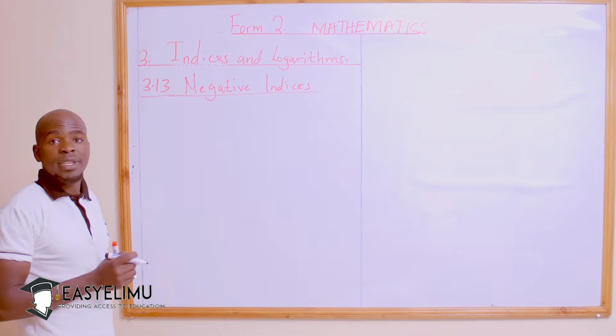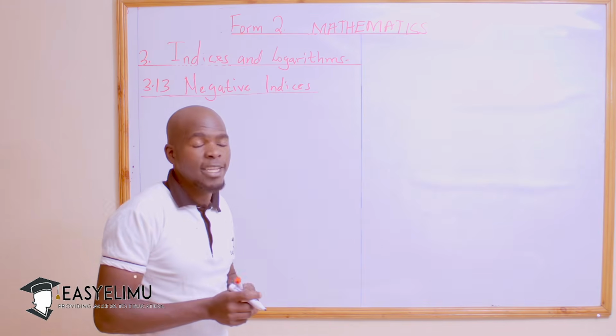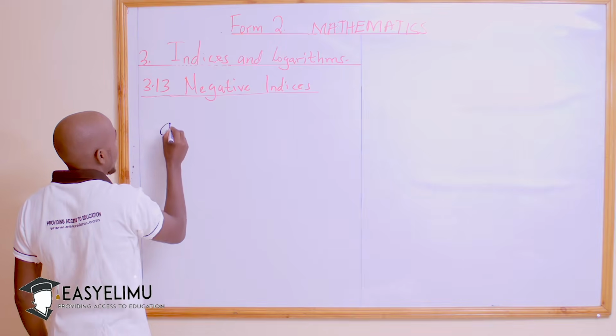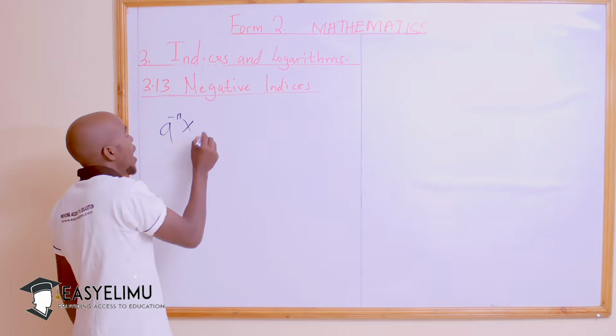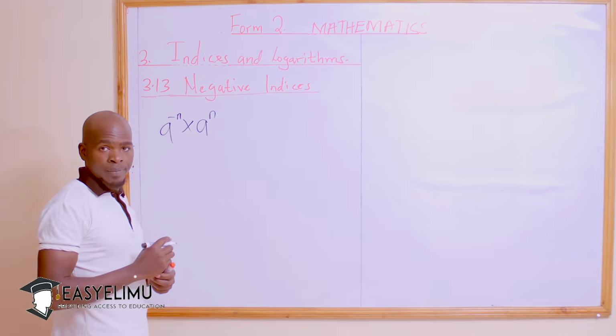Next, let's see how we can find negative indices, or what we mean by negative indices. We shall consider a given expression such that we have a raised to negative n, which is a negative index, being multiplied by a raised to n.